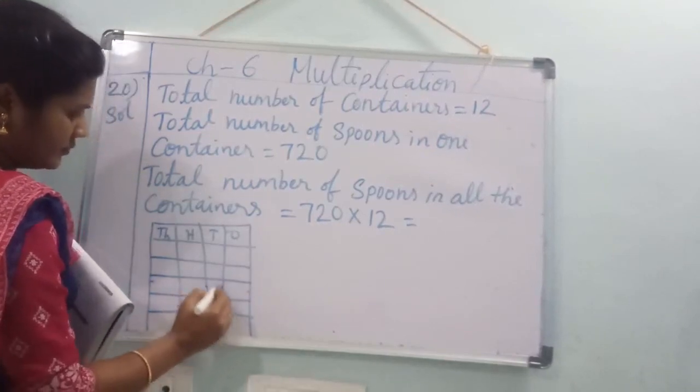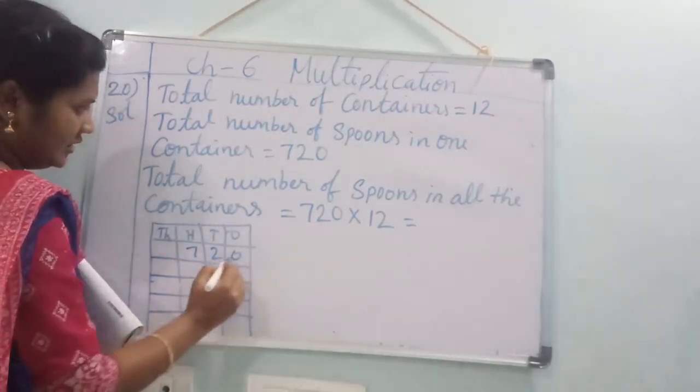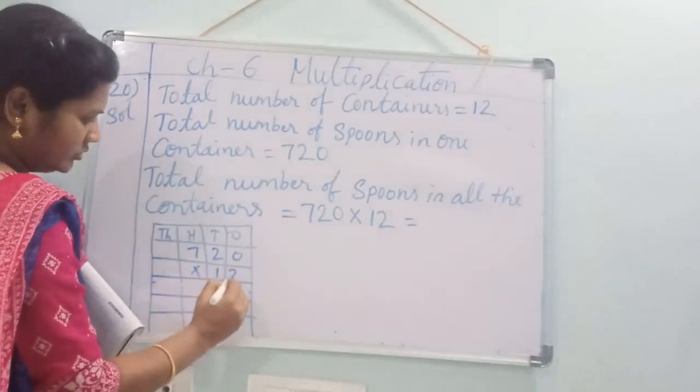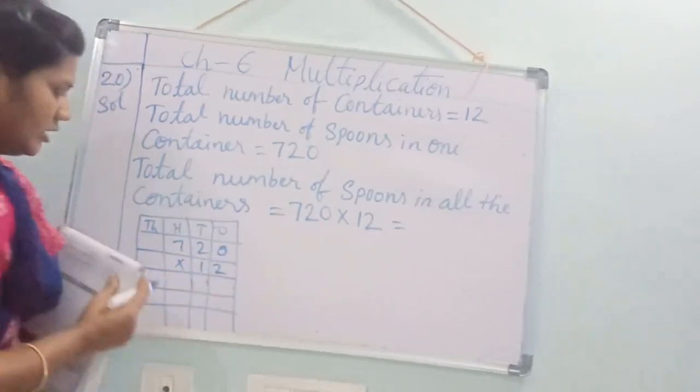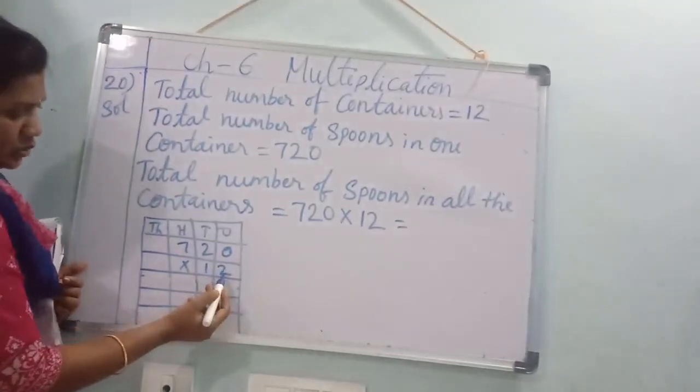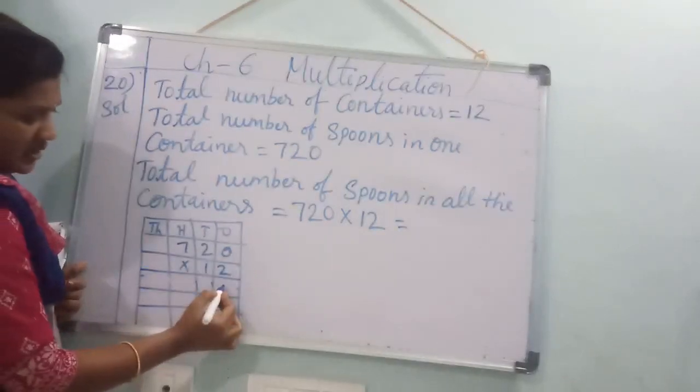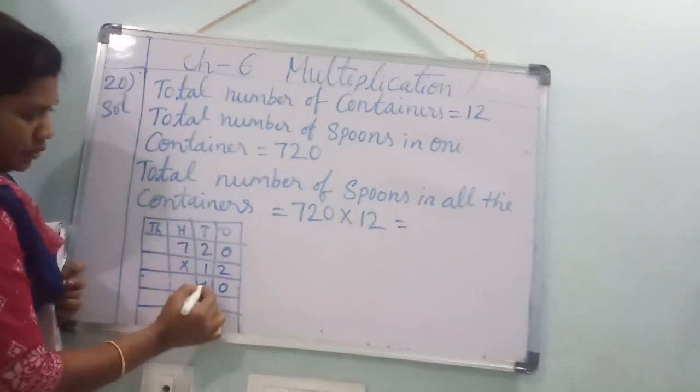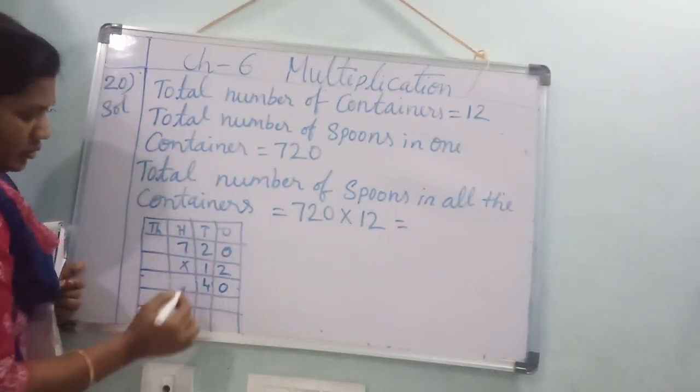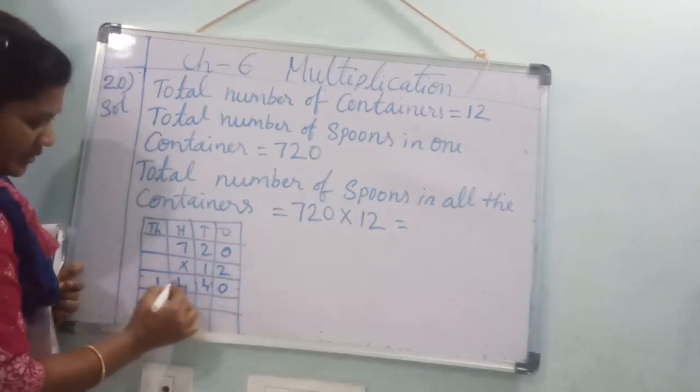See here, 720 into 12. Now ones place, which number is here? 2. 2 zeros are 0. 2 twos are 4. 2 sevens are 14.